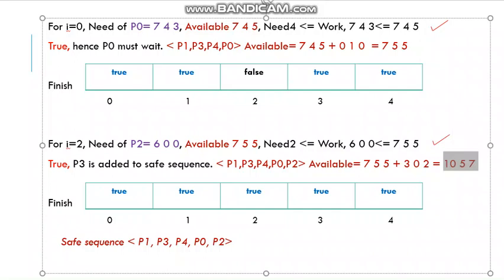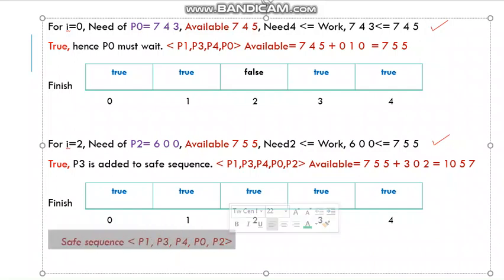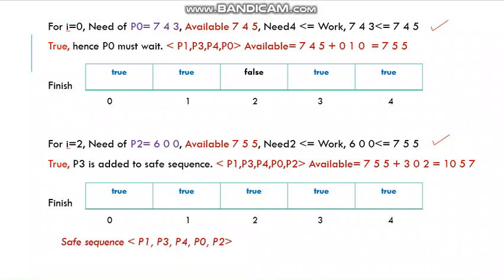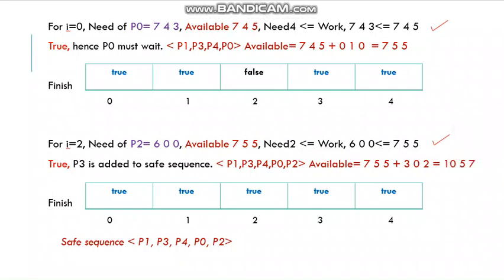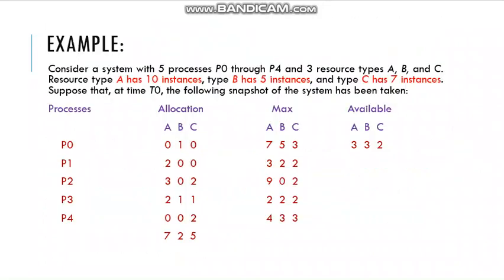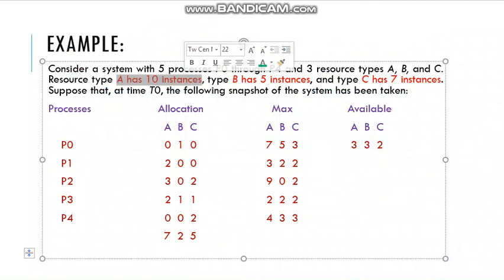So all the processes have finished their work, and the safety sequence is P1, P3, P4, P0 and P2. This is the safe sequence, meaning you allocate resources in this way to the processes so that you can avoid a deadlock. Then there is one last point: if you see 10, 5 and 7, this is where we started our problem, where the available resources are 10, 5 and 7.